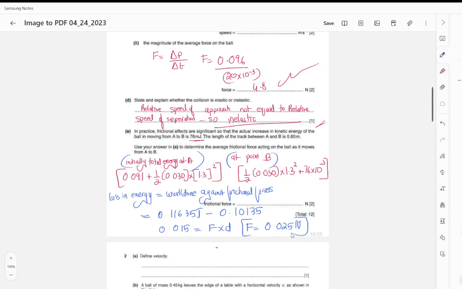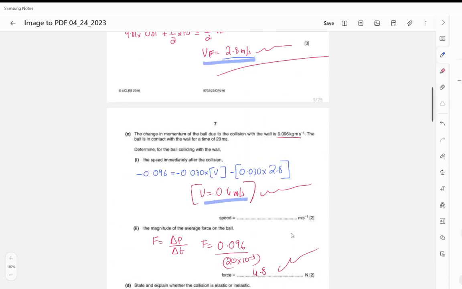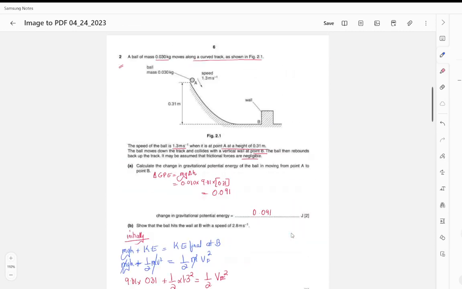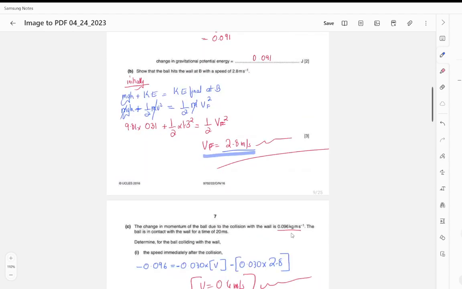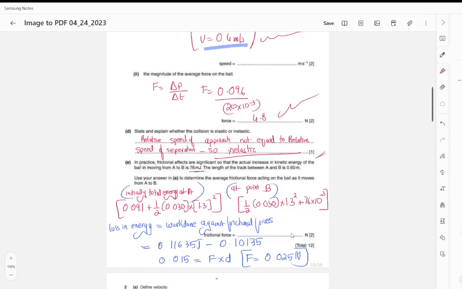Okay. Let me just verify it again, just in case. What was the mass of the ball? Yeah, it is right. So let's see. Subtracting it by 1.3 whole square and then simply adding 76 into 10 raised to power minus 3. Yep, all calculations are correct.